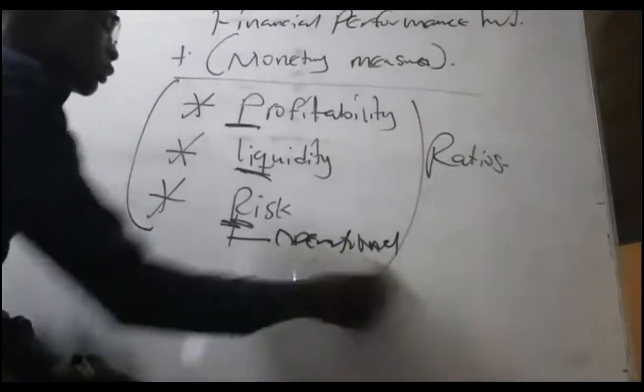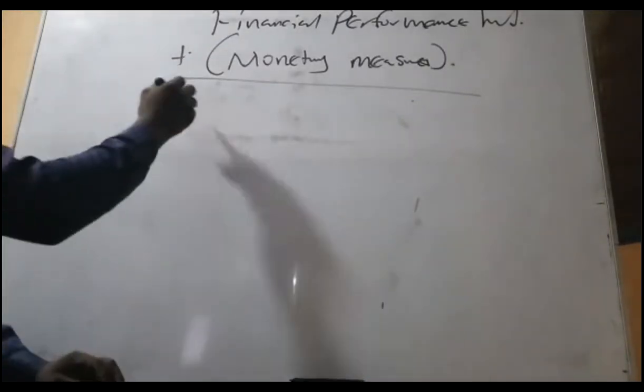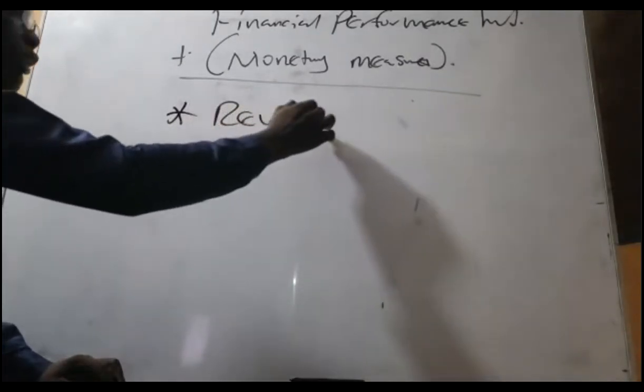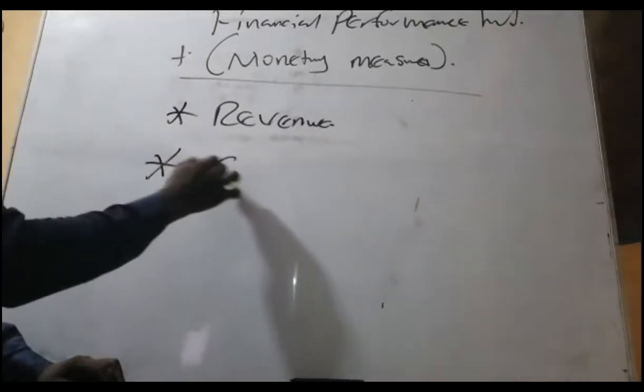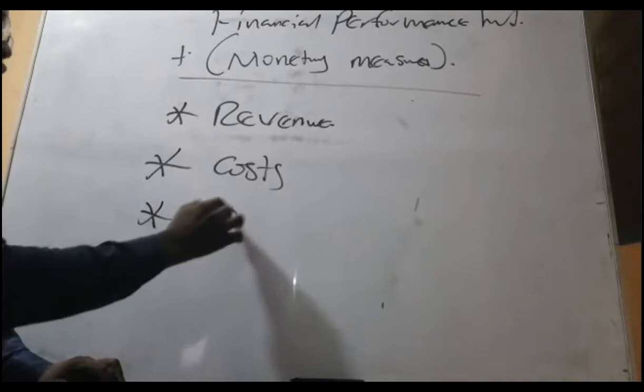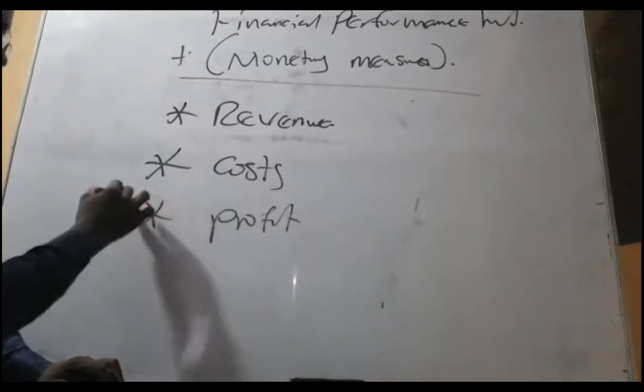Now let's move on. Critical examples of financial performance or monetary measures. One, you can talk about revenue. You can talk about costs, and then the almighty profits, right? Great.